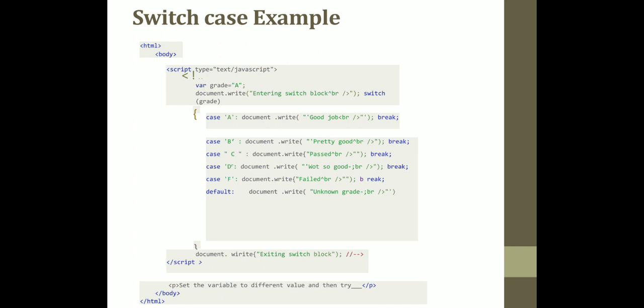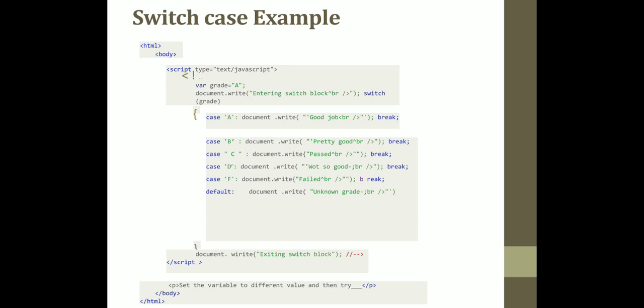Similarly we have defined for d and f also: not so good and failed. And default, that is the final case, after everything covered in the cases, the default is there, like unknown grade and break. After that you can see document.write as exiting switch block.